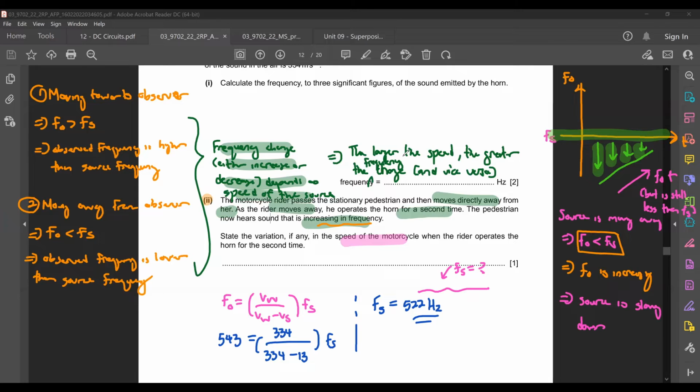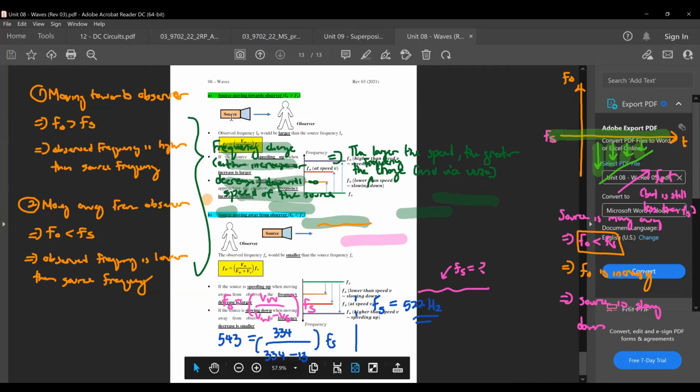It is something related to what I explained to you guys before in your waves notes, on the Doppler effect. Let me just find that little diagram there. A-level AS notes, revise. Yes, this part here. Remember the last page of your notes.